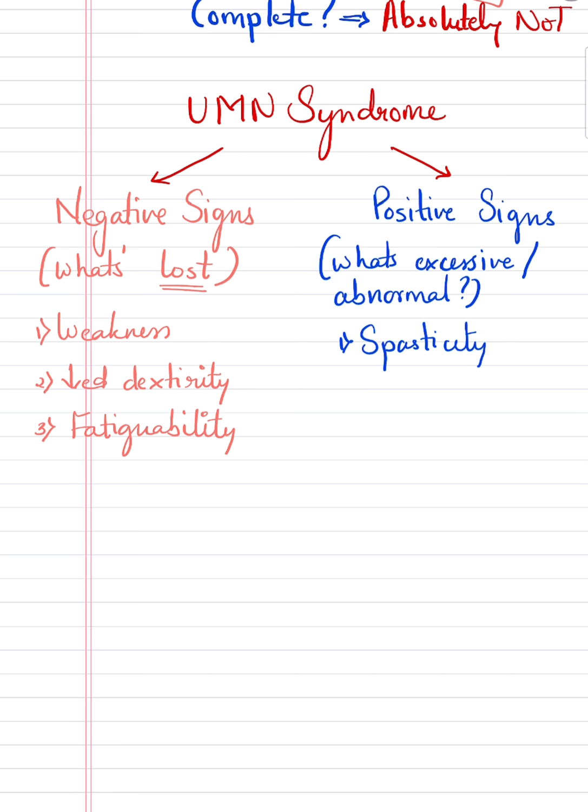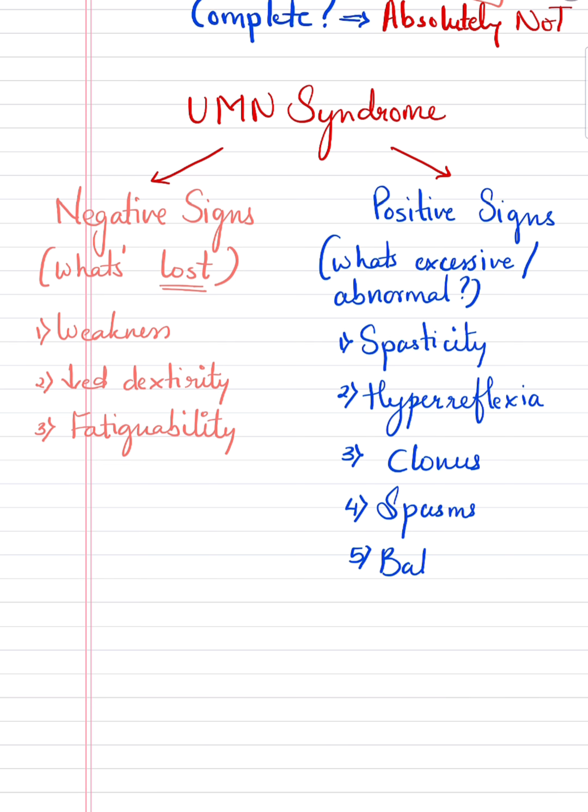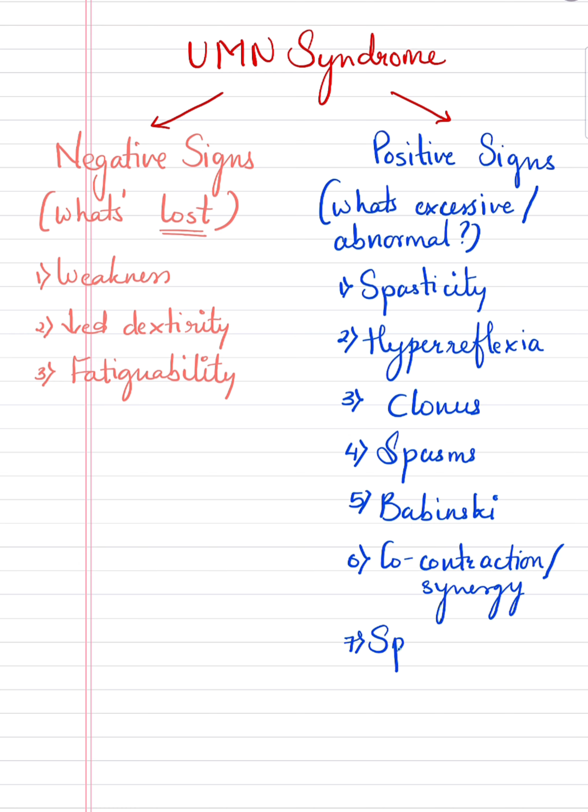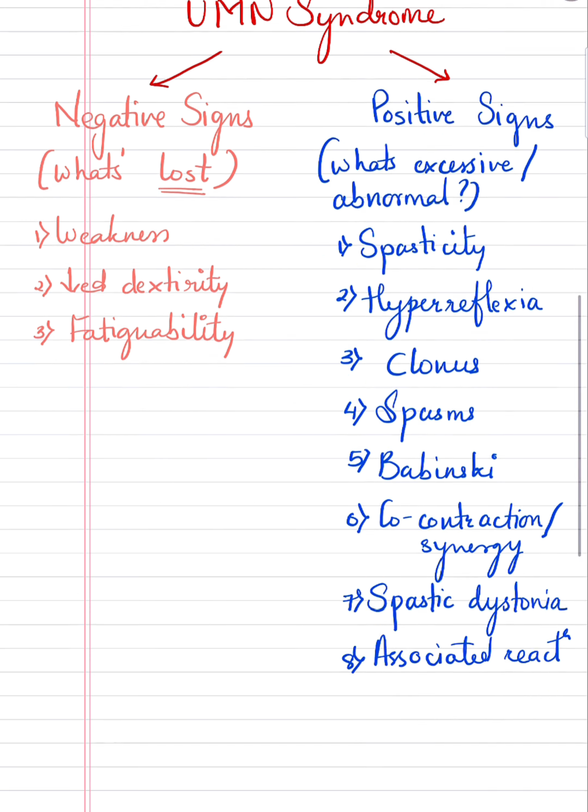To name a few, we have spasticity, hyperreflexia, clonus, spasms, Babinski. You can have co-contraction, also synergistic movements. You can have spastic dystonia, or let's say associated reactions. So, these are the different types of signs.